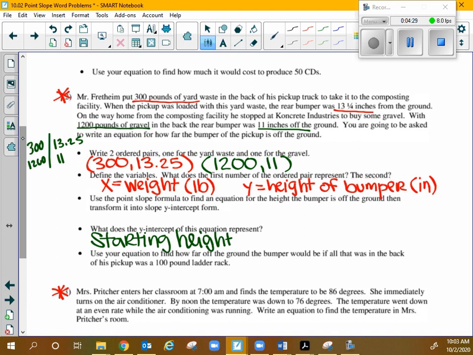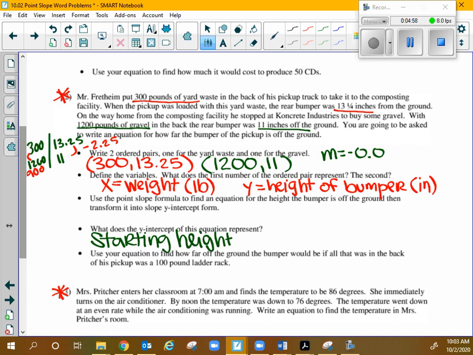Mine's negative. Oh no, it's negative too, isn't it? Change in y: negative 2.25 over 900.